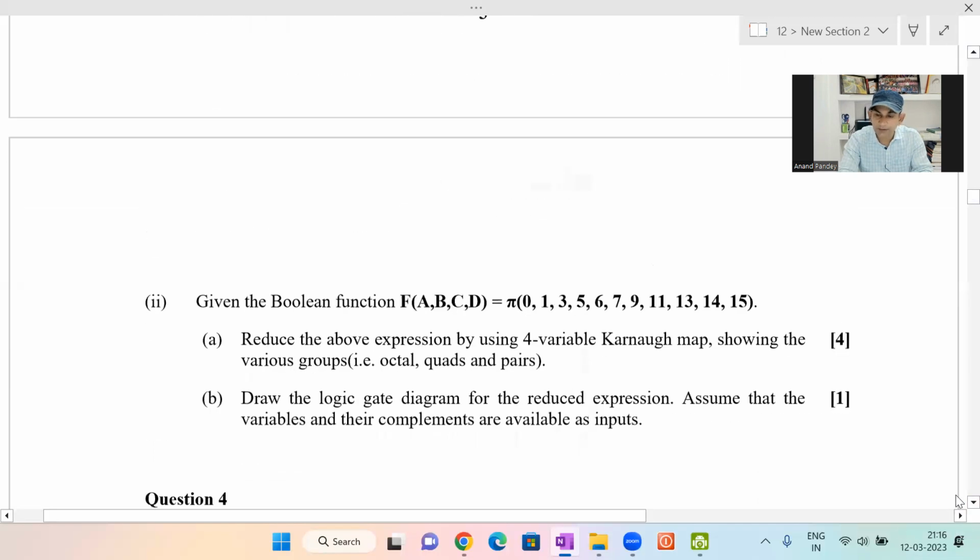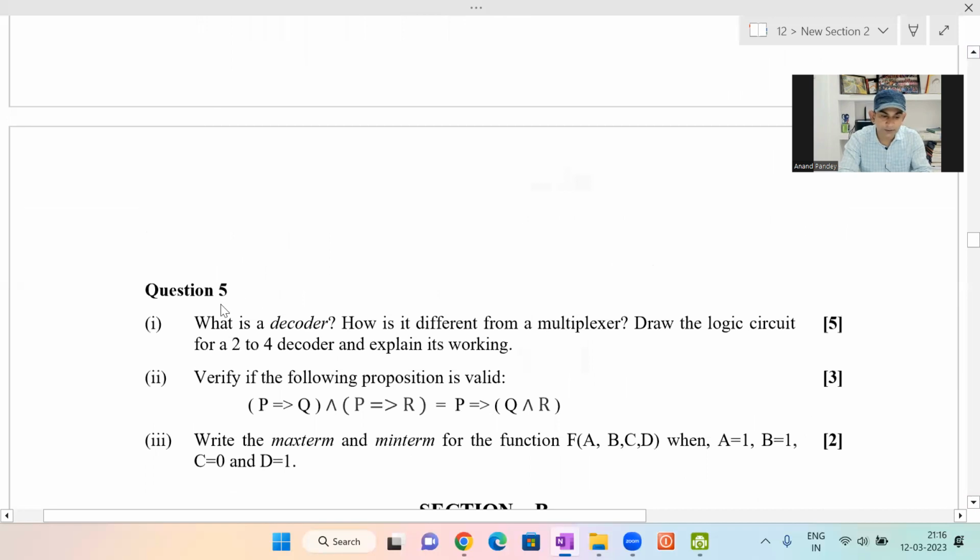Then KMAP. So prepare all the circuits, that will be helpful. You can see, what is decoder, what is the difference from multiplexer. Many questions are there. Please prepare all the circuits in Boolean algebra: half adder, full adder, decoder, encoder, and multiplexer. There will be questions from those circuits.